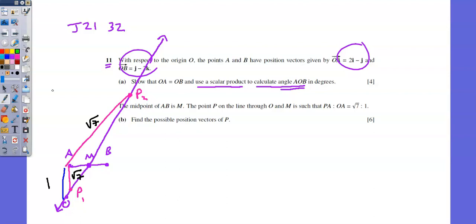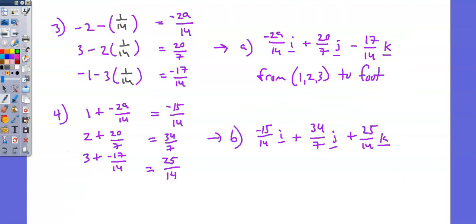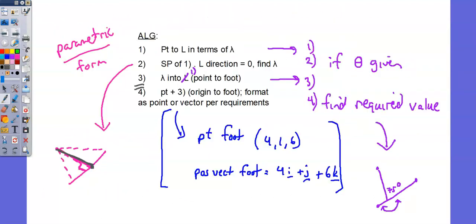So it's not that there is a 90-degree angle. There's some other angle, but with all of that information, using the rough visual I've presented here, you can work through the procedure to find those two possible points. Notice that your requirements are position vectors, so once you find P1 and P2, make sure you write them as vectors from point O. If we go back to the intro board, we'll see on the right-hand side the changes in the algorithm.